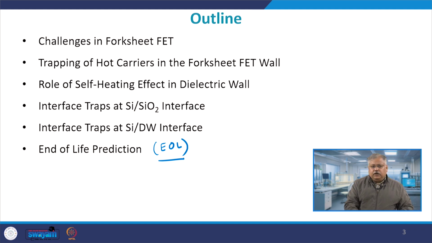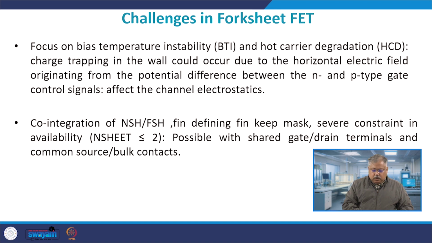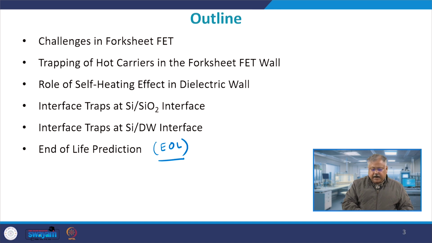Now we already know, maybe I can show you from a discussion later on, right? But let me give you an idea about what is the meaning of hot carriers in Forksheet FET wall. Now if you look, these devices are very much constrained or confined devices, which means that they don't have any path, as I discussed with you in the earlier structure when we were discussing Forksheet FETs.